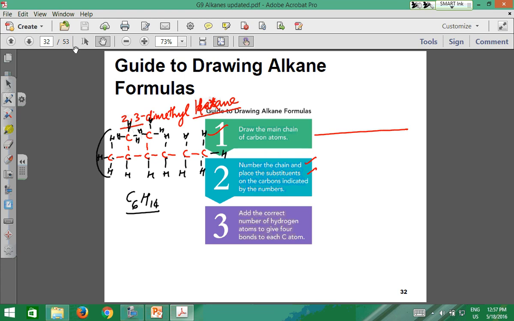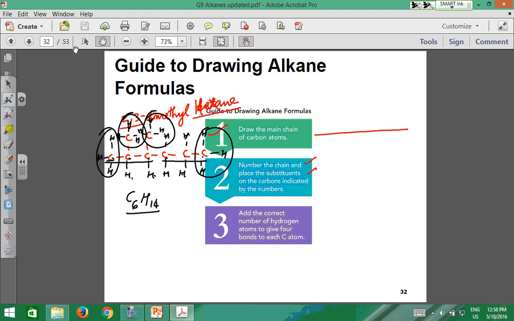So it is CH3 and CH3, and this is CH3, this is also CH3, and the rest is all hydrogens. 1, 2, 3, 4, 5, 6, 7, 8, 9, 10, 11, 12, 13, 14. C6H12 plus 2, 14.